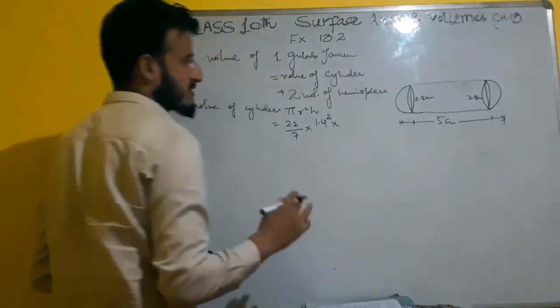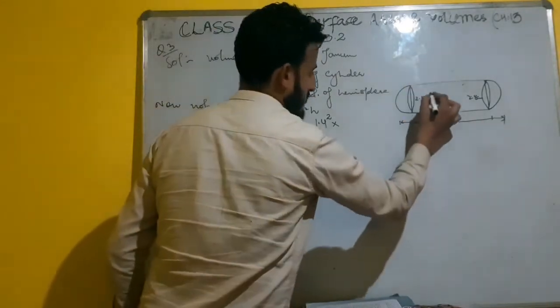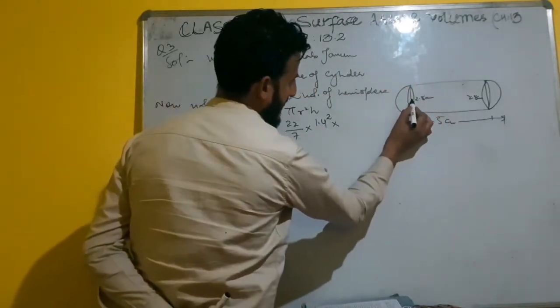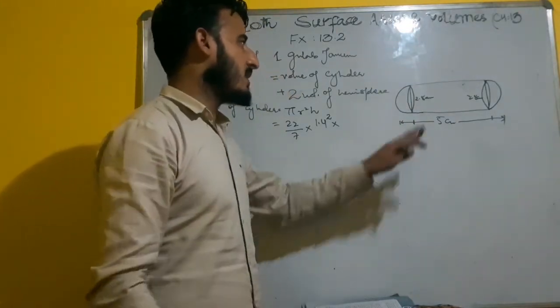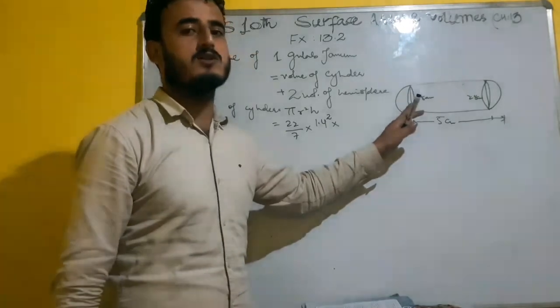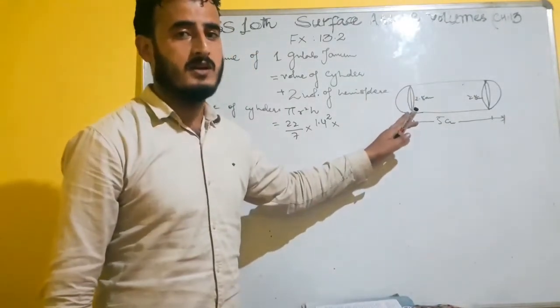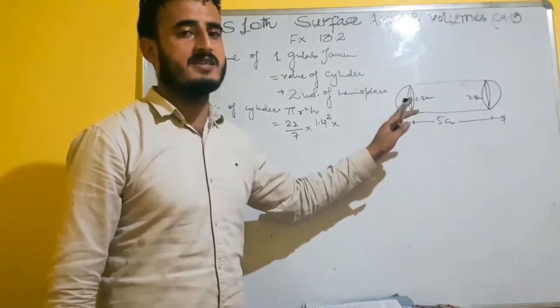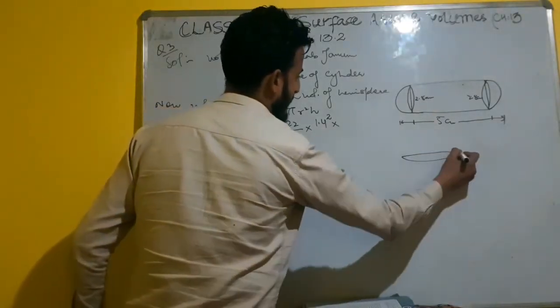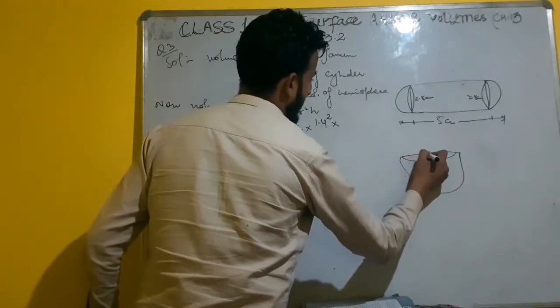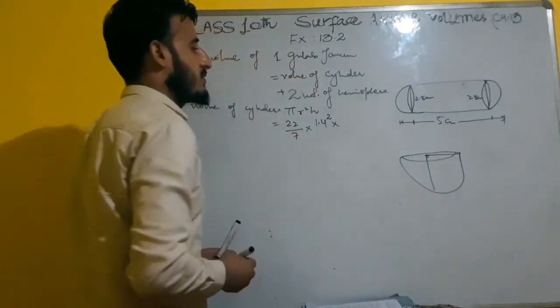So the height of the cylinder, I will write it here. I told you before in the previous video that the radius of the hemisphere is equal to the height of the hemisphere. If we have a hemisphere like this, its radius will also be the height of the hemisphere. Do you understand?